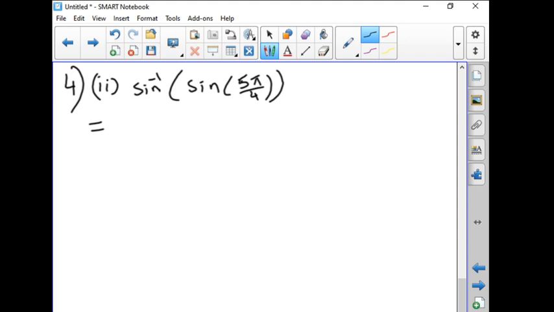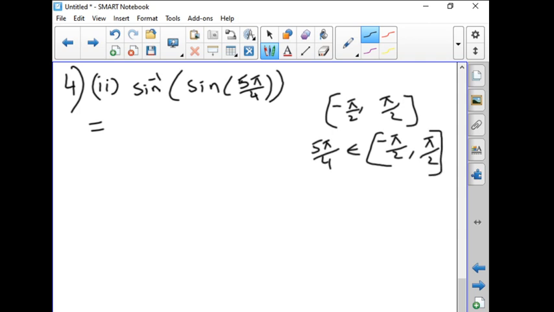What is the domain? Minus pi by 2 comma pi by 2 is the range of sin inverse. Does 5 pi by 4 lie in this interval?